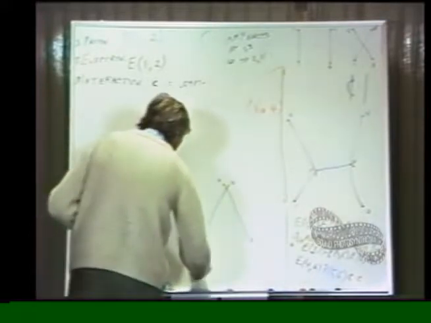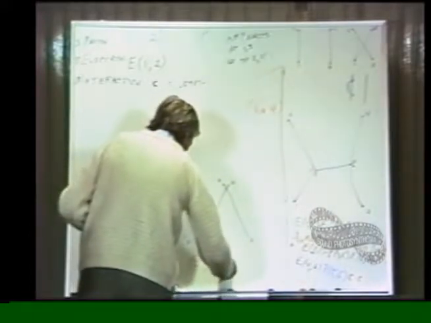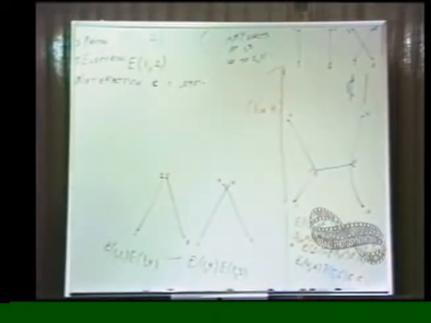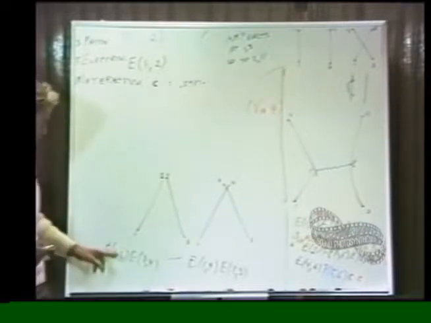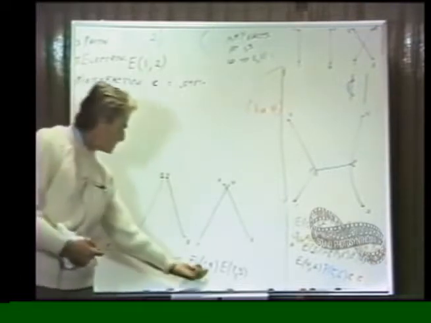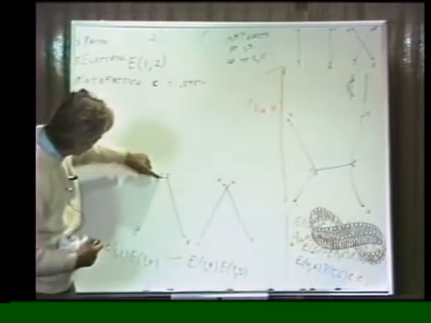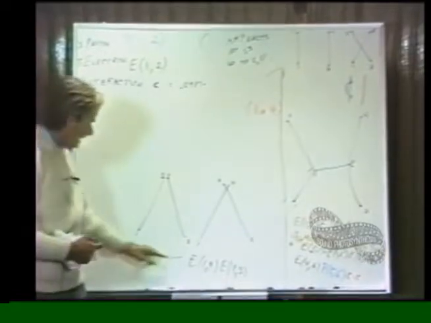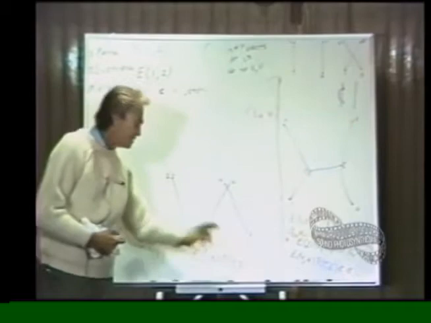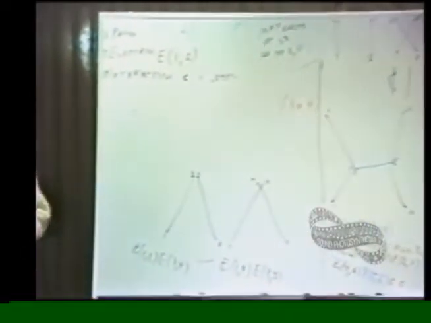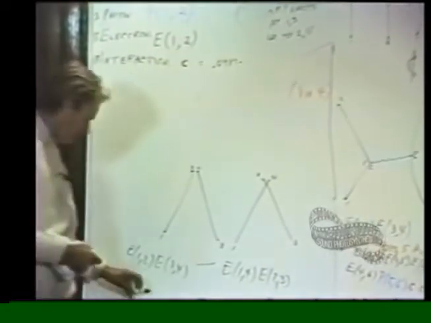This one is E14 times E23. And the answer is that, subtract. Now, if 2 and 4 are the same, or nearly the same, this E12 is almost the same as E14. The amplitude to go from this to 2 is almost the same as to go from here to 4. So this is almost exactly the same as this, and this is almost exactly the same as that, and therefore nothing is left. And so the amplitude for the two electrons to arrive nearly at the same place is 0.